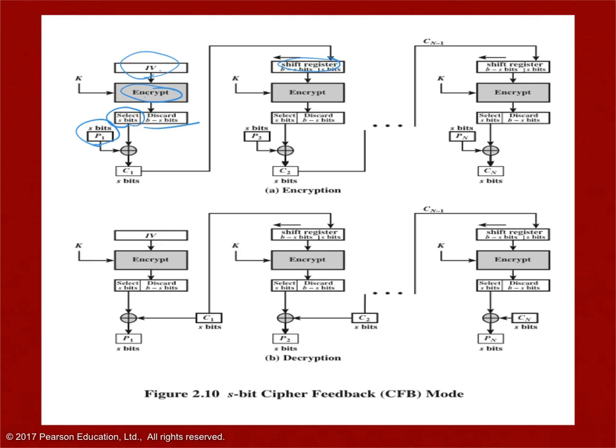You will see that in the assignment, because you will be able to calculate the complexity, the time consumption, and the error caused by applying a certain mode of operation. Then we take this cipher text, shift the input, and feed the S bits from the right. Then we apply the encryption again, take S bits from the plain text too, and keep doing this. This is called cipher feedback mode.